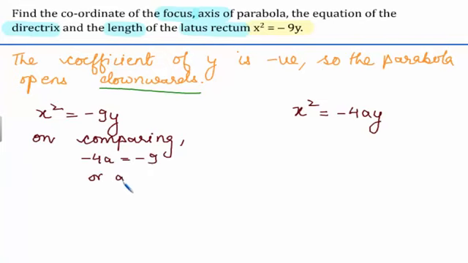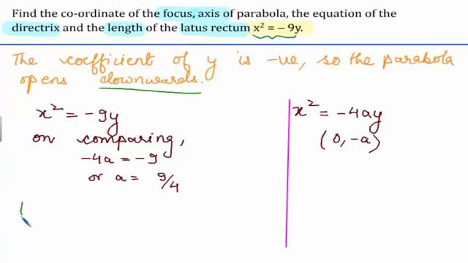Now, we know that for the standard form of the parabola, the focus is given by 0, minus a. Therefore, for the given parabola x square is equal to minus 9y, the focus is 0, minus 9 upon 4.